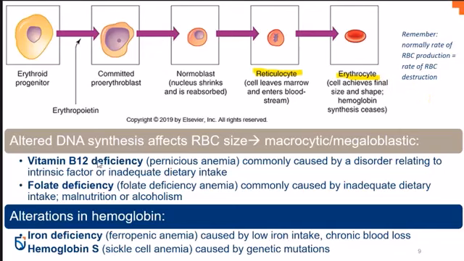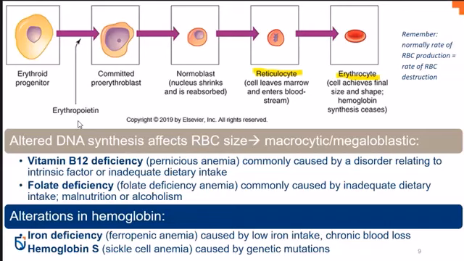There are certain anemias that occur that are related to some problem in DNA synthesis. So when the red blood cell is actually developing, there's some alteration in DNA synthesis. And this can be because of missing important vitamins that contribute to normal DNA synthesis.